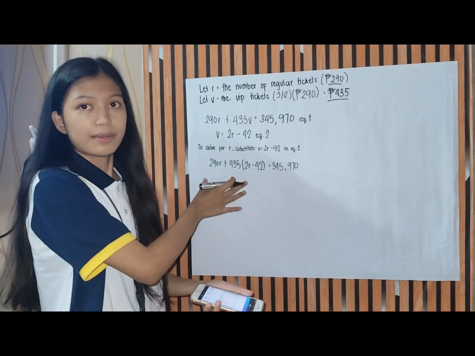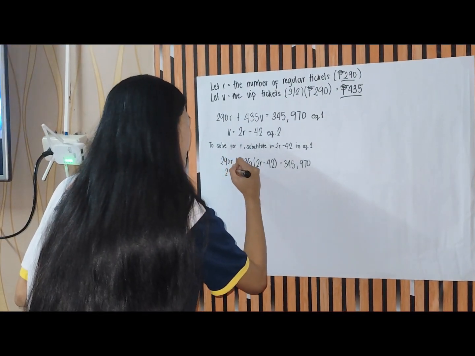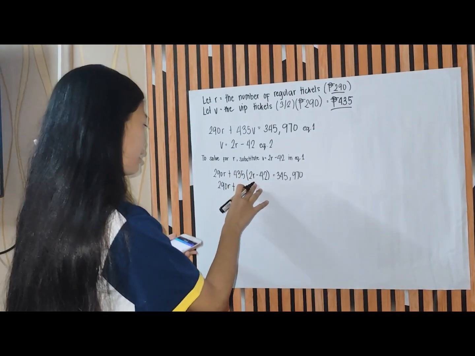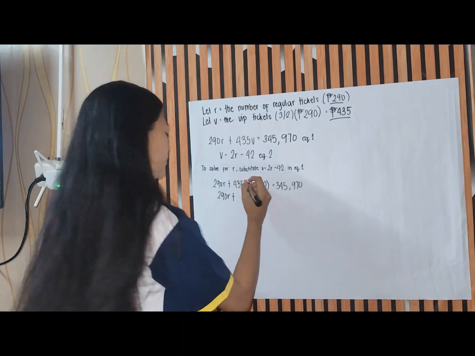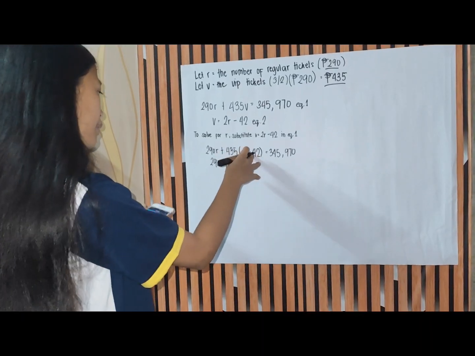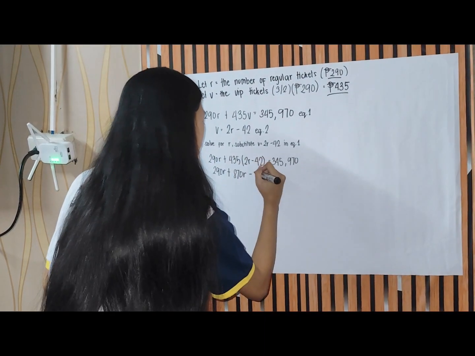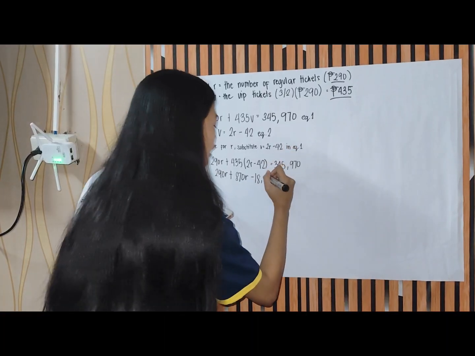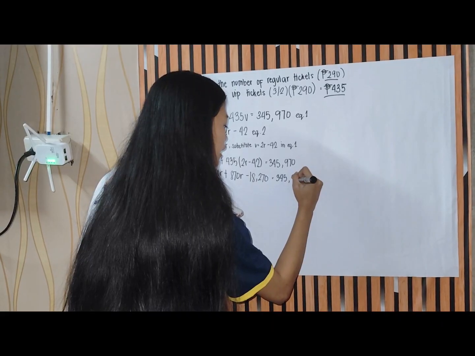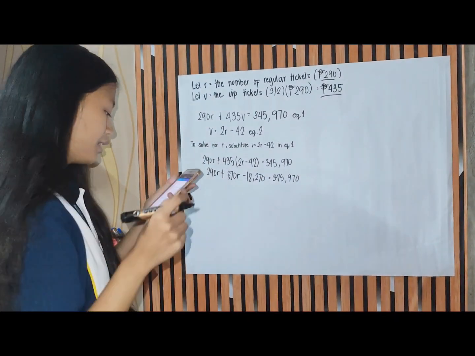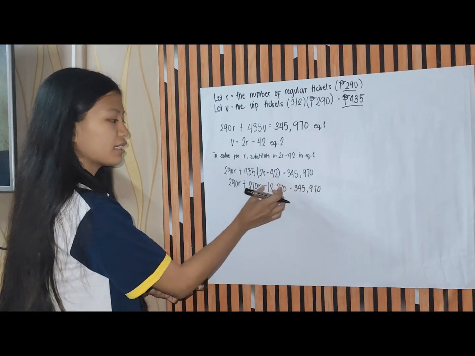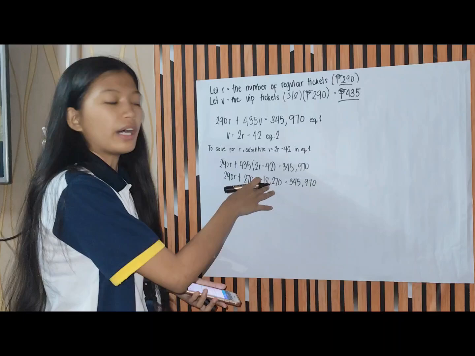Now let us simplify this. 290R plus 435 times 2R is equal to 870R. And 435 multiplied by negative 42 is negative 18,270, equal to 345,970. Next, we can transpose this to the other side, and the operation will change into an addition.